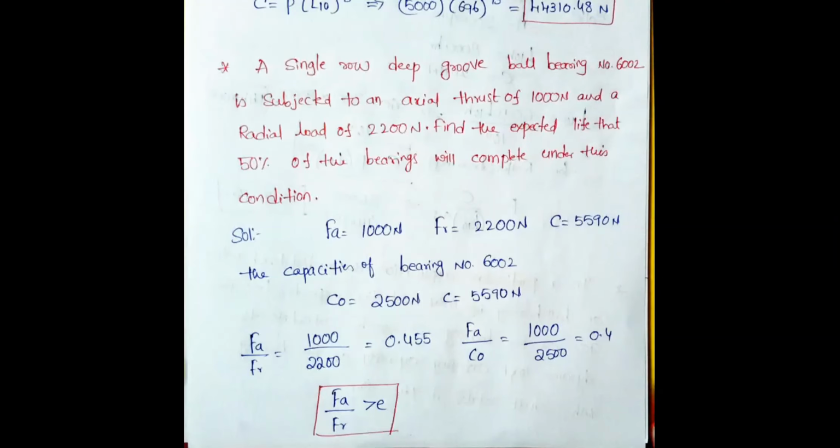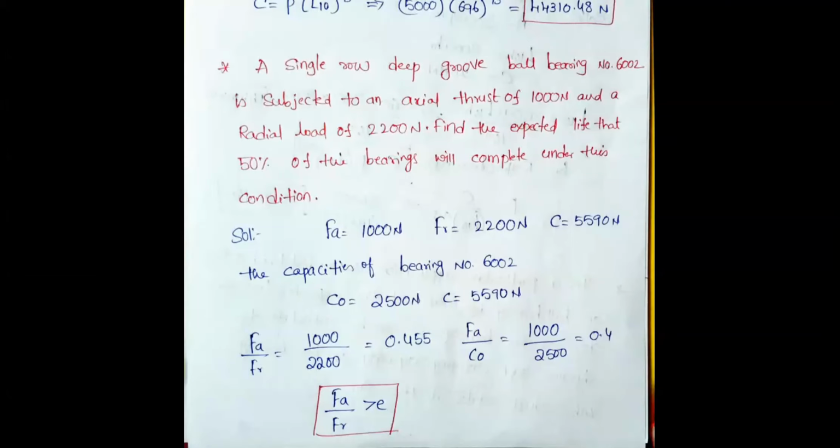So after getting the values of C naught and C from your data book, first calculate FA by C naught and FA by FR. Why is this required?